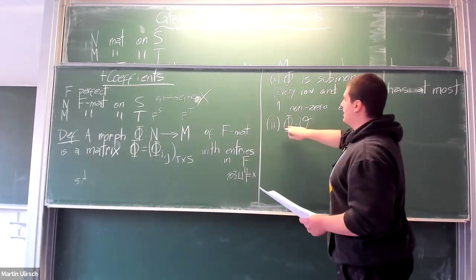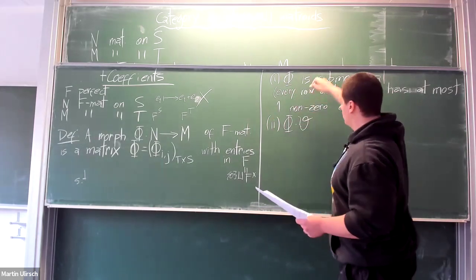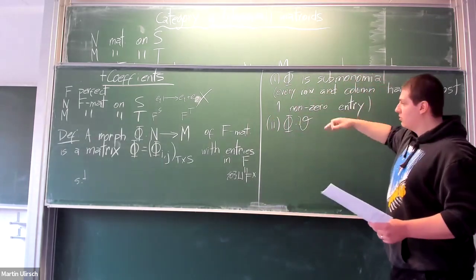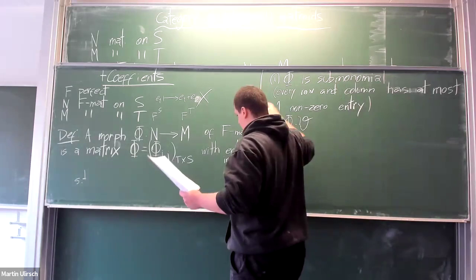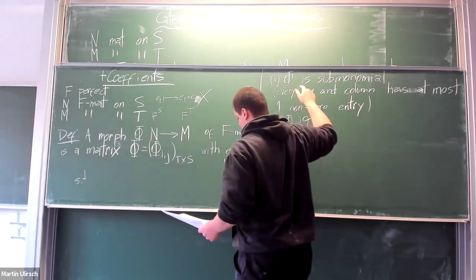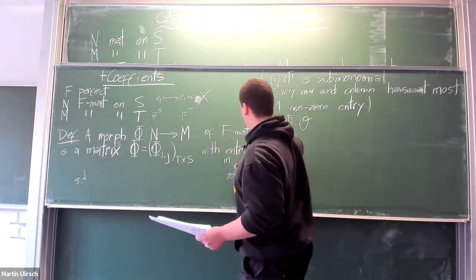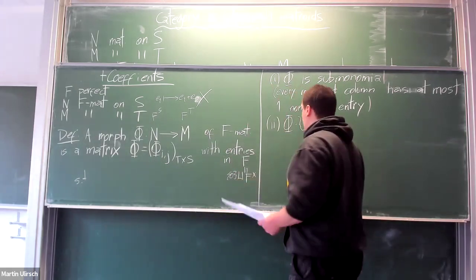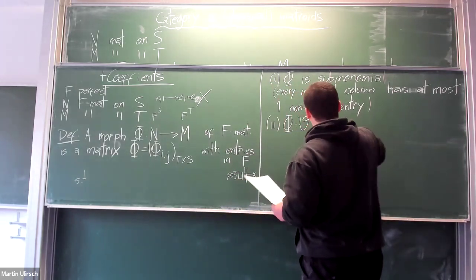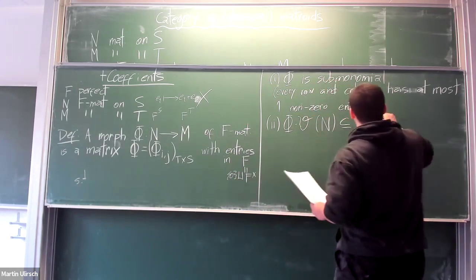Whenever I have this kind of matrix, I can multiply it with a tuple and get again a tuple here.